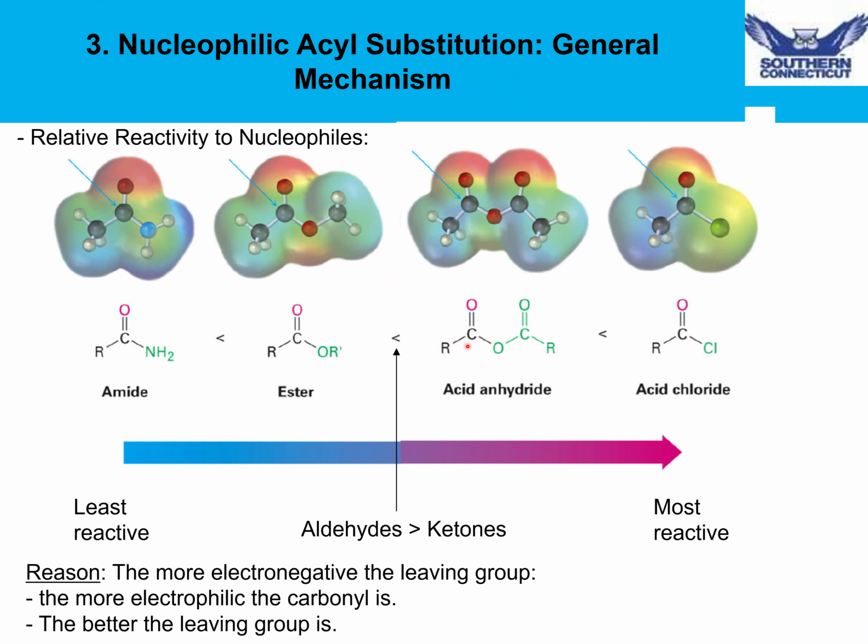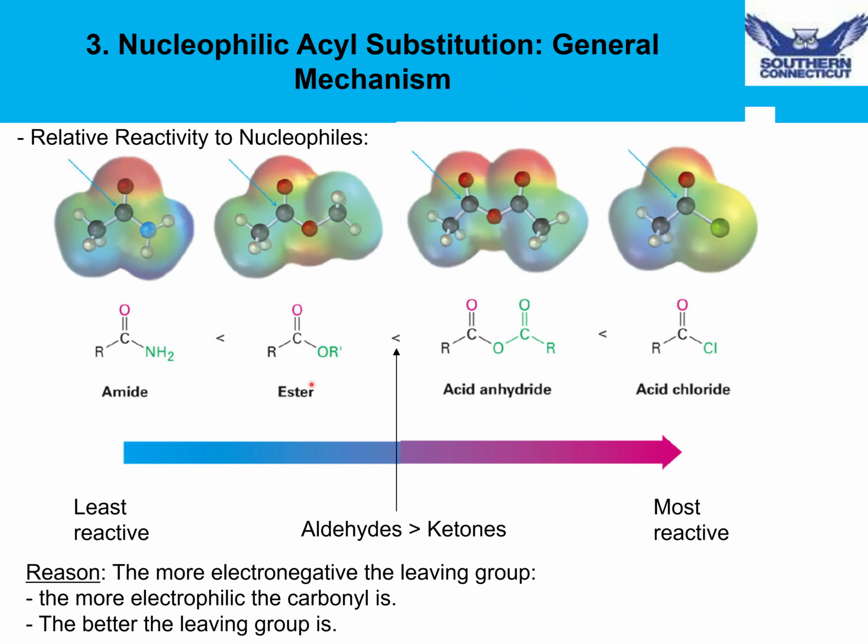Acid anhydrides are even more reactive. Acid chlorides are even more so. If you're wondering, acid bromides are even more reactive. We're not going to see too many examples because acid bromides are so reactive that they're sometimes very difficult to work with.